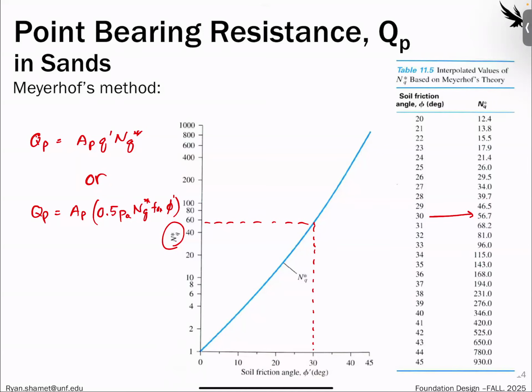And you would pick the smallest for the design. So pretty straightforward, and it does follow a similar methodology to the skin friction, except you're not doing it by the perimeter of the pile, you're doing the area of the pile, because that's what's loading.